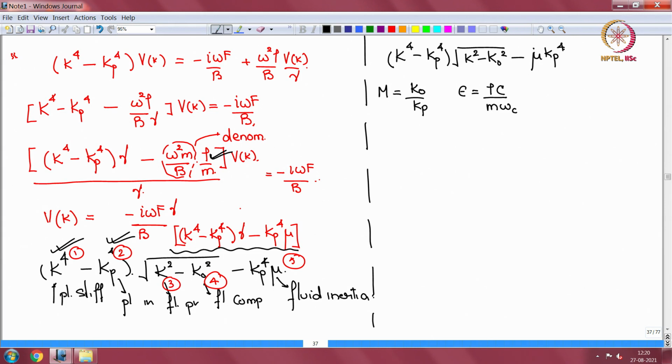So let us see, if I divide by kp fourth, I get k fourth by kp fourth minus 1, square root of k square minus k0 squared minus mu, divided by kp fourth, right.